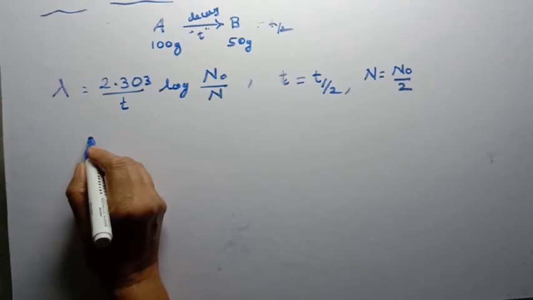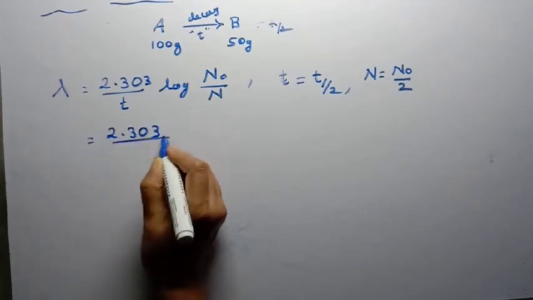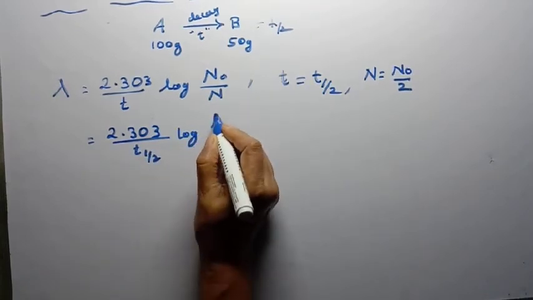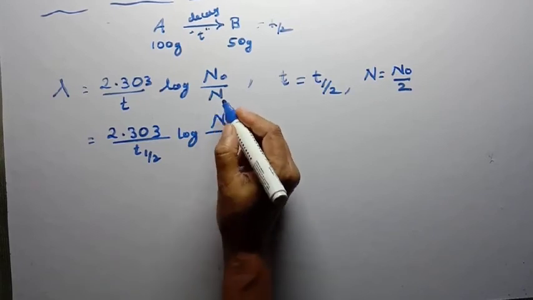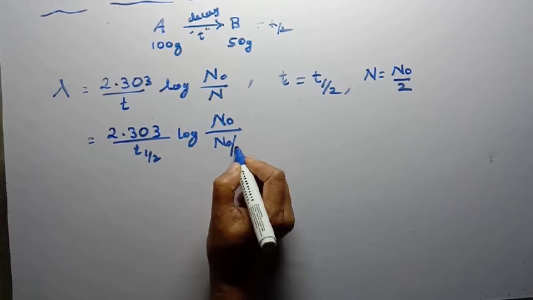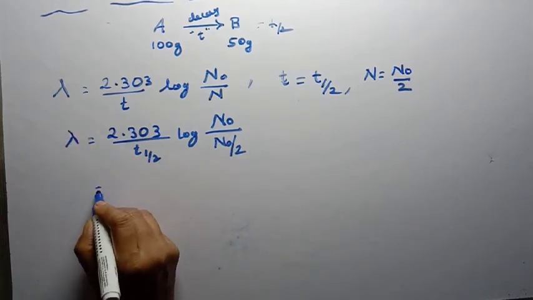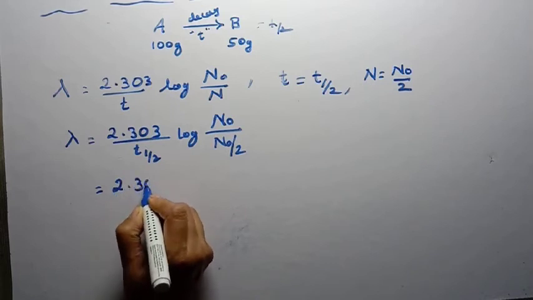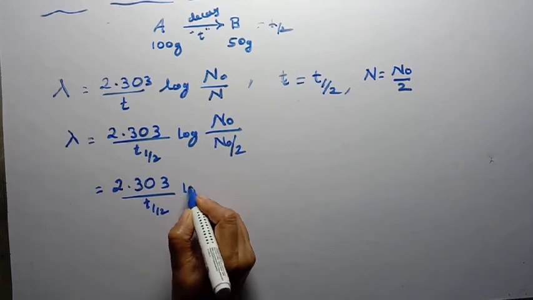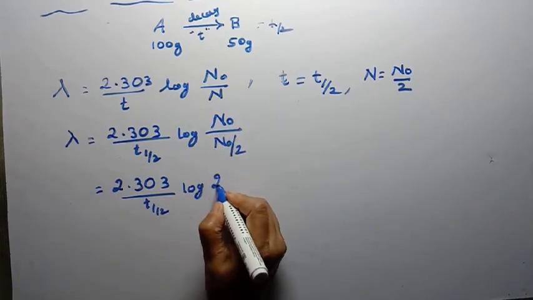Now putting that here, lambda is equal to 2.303 by T half log of N0 over N, where N is exactly half of the initial, so N0 by 2. The N0 will get cancelled and it becomes log 2.